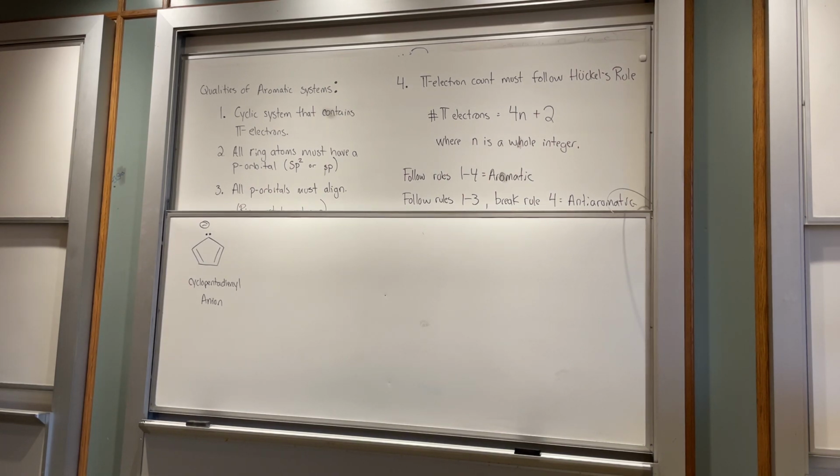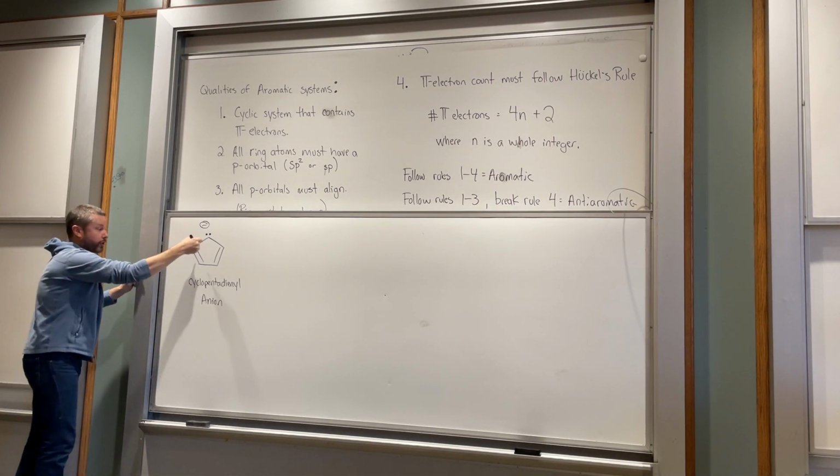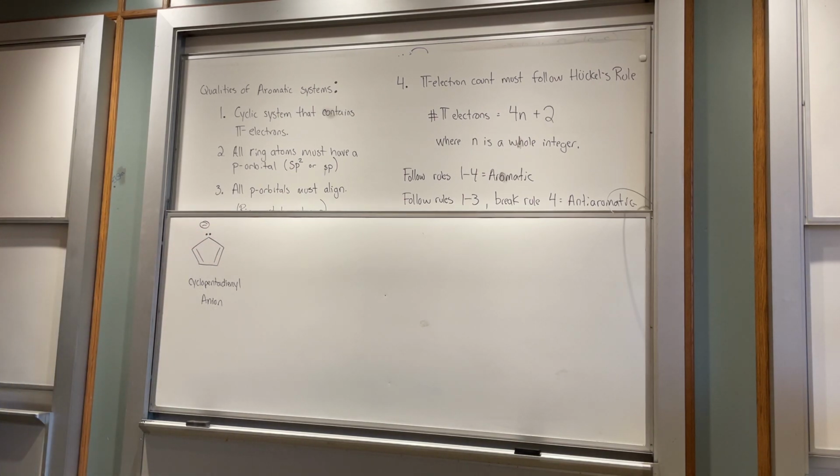And I want to know whether or not this is aromatic. So just raise your hand if you think it follows the rules as we go through them. So is this a cyclic system with pi electrons? Everybody's hand should immediately go up, that's pretty evident, right? We have a 5-membered ring, and we have potentially 3 sets of pi electrons in this ring.